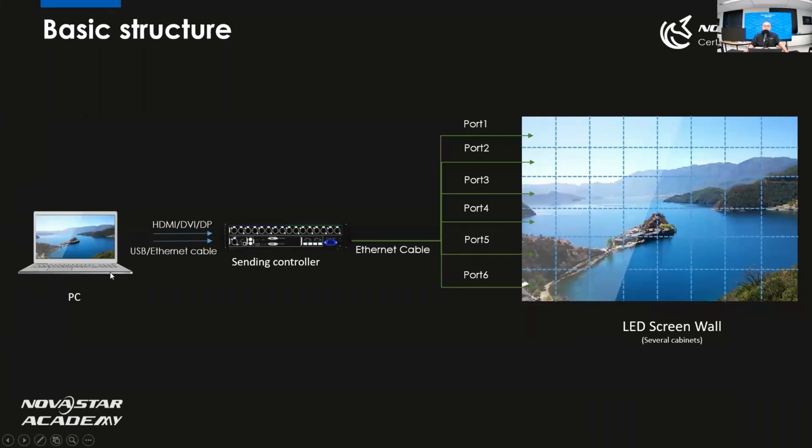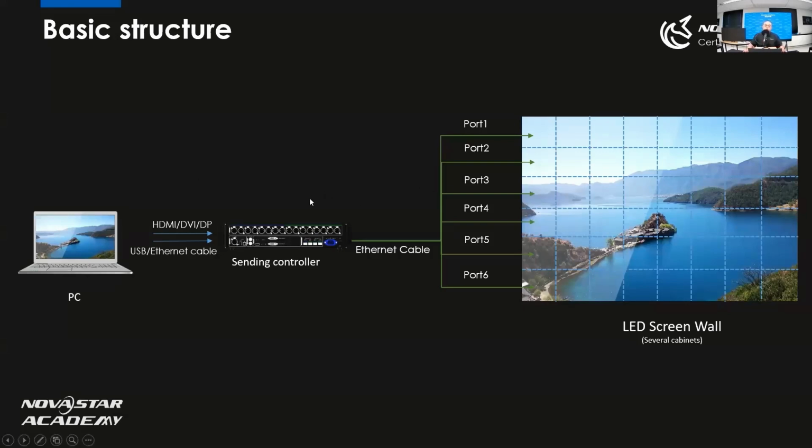So here is the PC. It provides the video source and the control signal. Then we have the sending controller. The sending controller receives the image signal from the computer and transfers it to a form that can be shown on the LED screens.